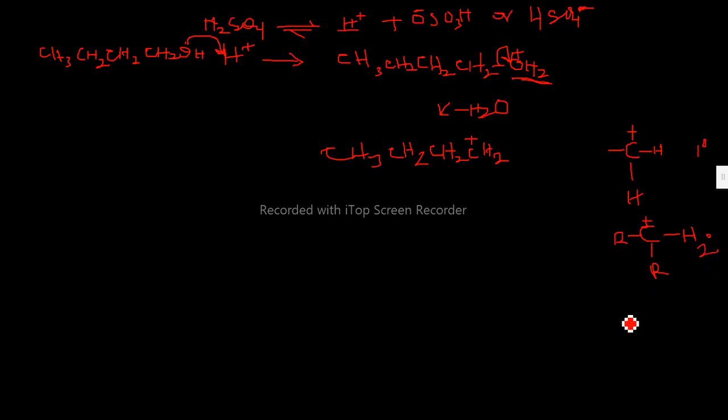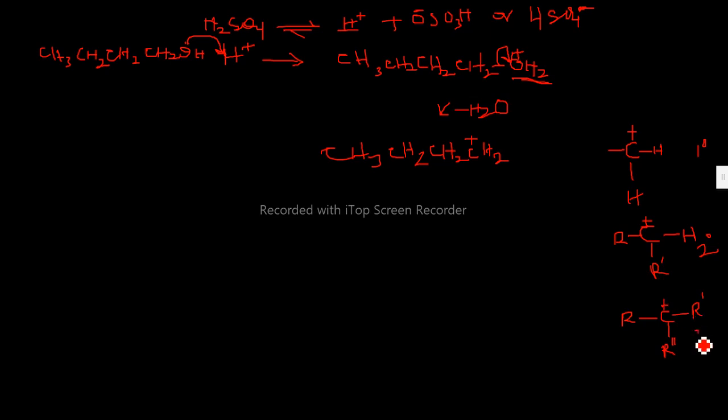And if the carbon with a positive charge is surrounded by simply alkyl groups, somebody was asking why do you put prime? The prime is just to differentiate the alkyl groups. They can be the same or they can be different. So the prime shouldn't confuse you.